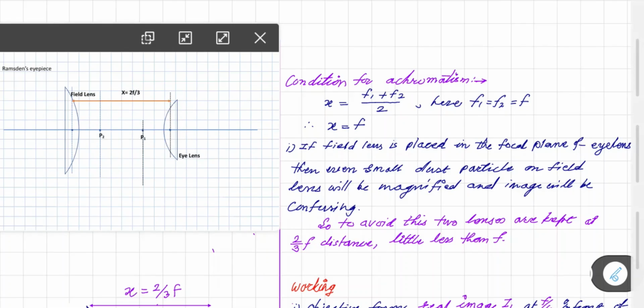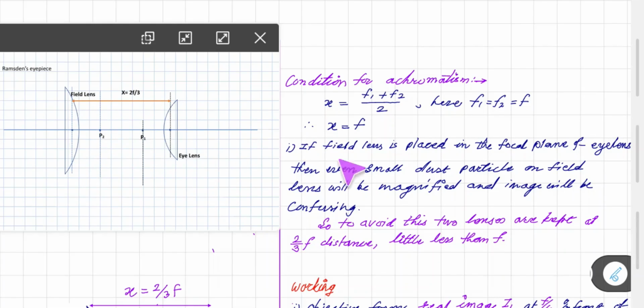But now, instead of selecting x equal to f, we are considering x equal to 2f/3. It has a reason. If we keep the distance x equal to f, the field lens is placed in the focal plane of the eye lens.